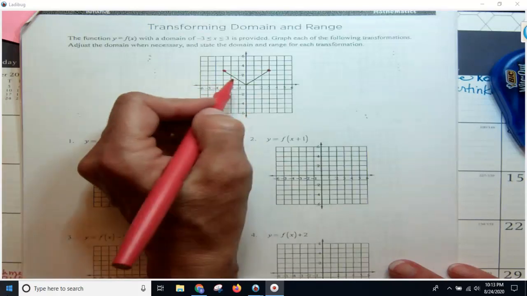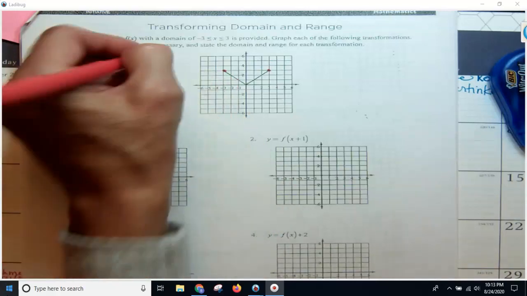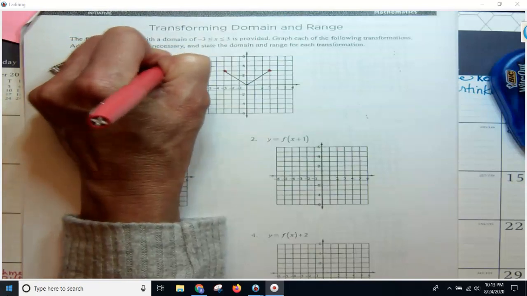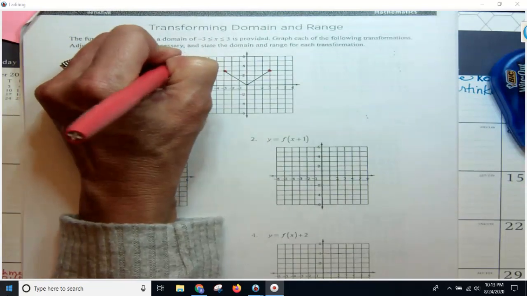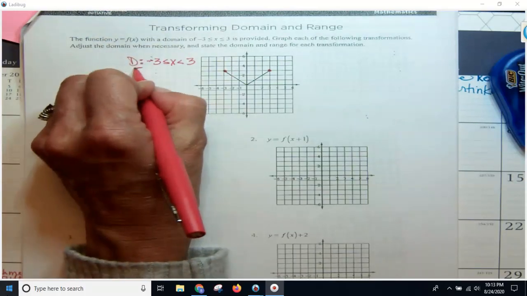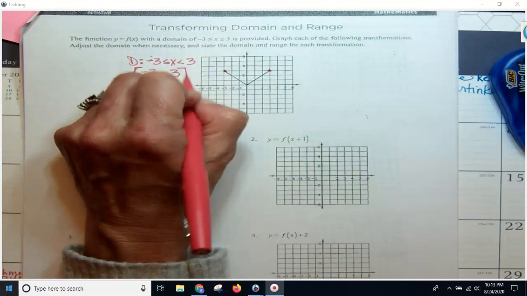Alright, so if you look here, you're going to notice that your domain is -3 to 3, which can also be written as [-3, 3].